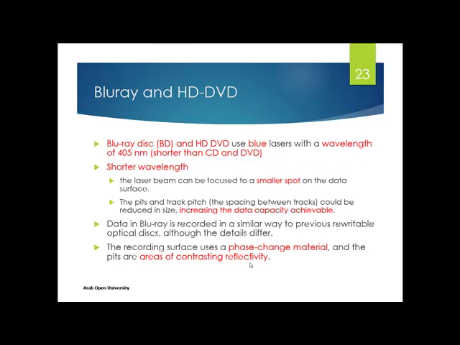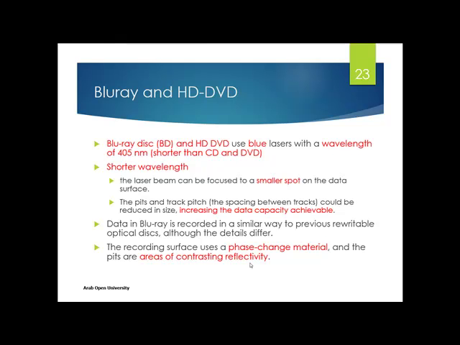In Blu-ray and high definition DVD, the main difference is that the laser used has a shorter wavelength, and shorter wavelength allows the laser to be reflected on smaller areas, and thus we can focus the laser beam on a smaller spot compared to lasers with longer wavelength.